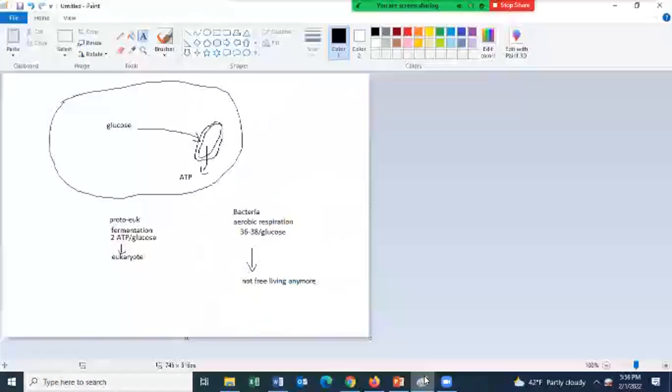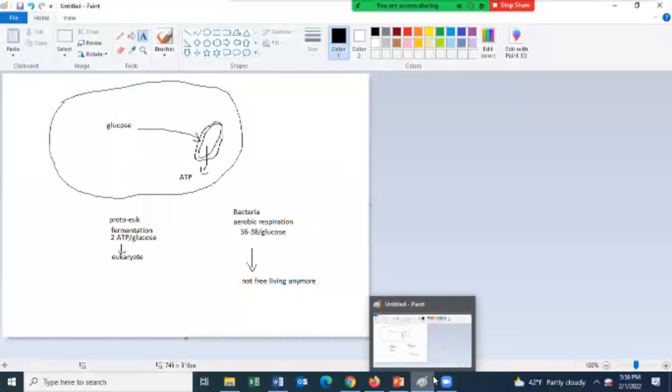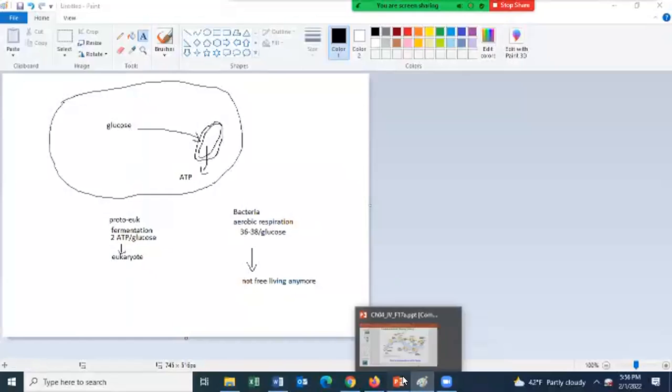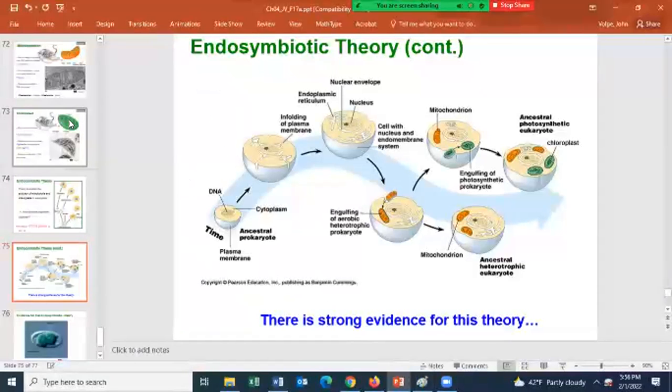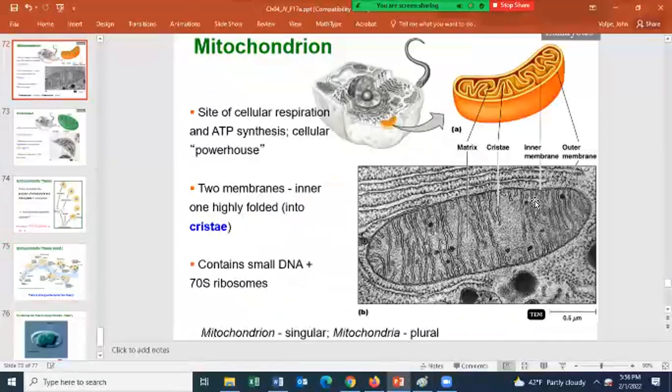First, when we take a look at the mitochondria, it has two membranes, an inner membrane and an outer membrane, which is exactly what we'd expect if an organelle was brought into the cell by a phagosome, that there would be an outer membrane as well as an inner membrane.